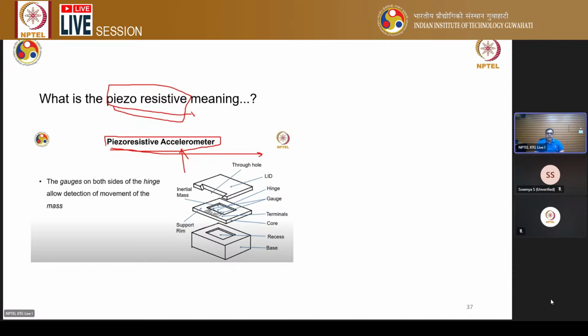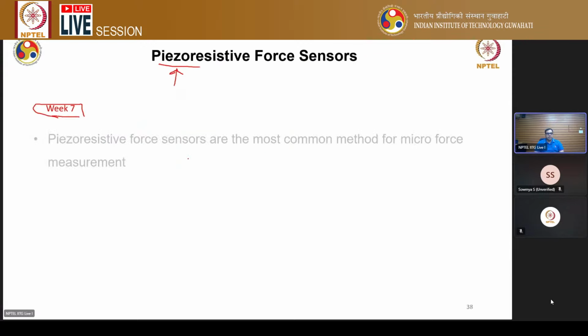I think that will give you more clarity about these piezoresistive materials. Piezoresistive force sensors, if you remember, are the most common method, because these are naturally force sensitive materials.